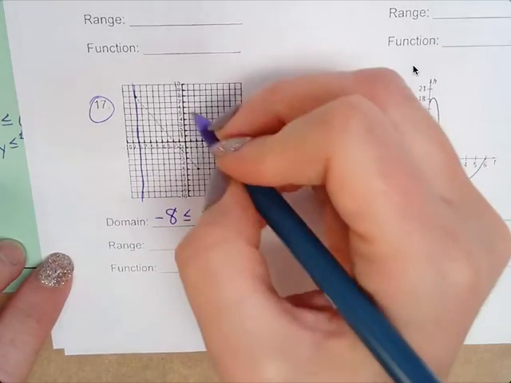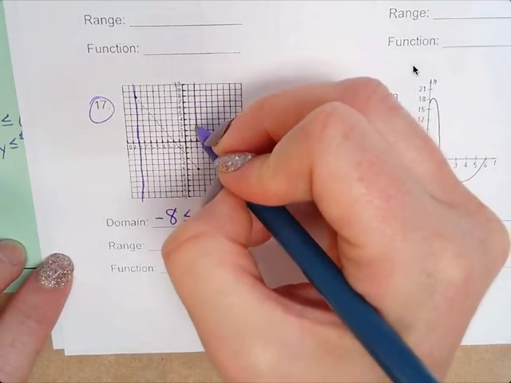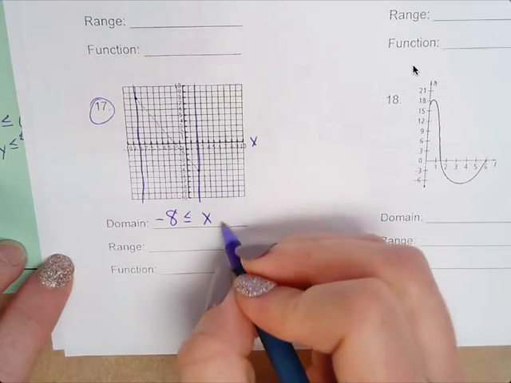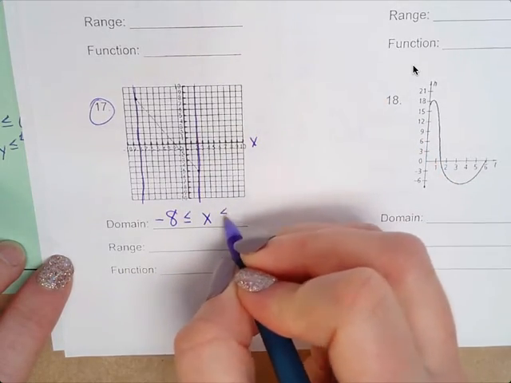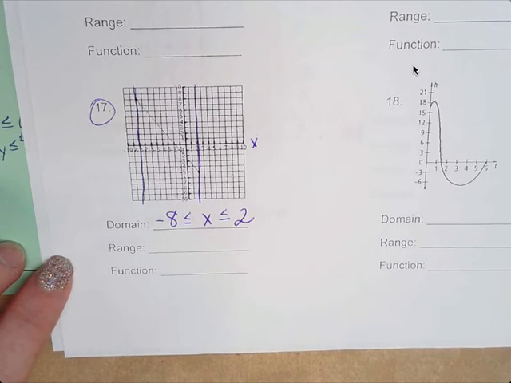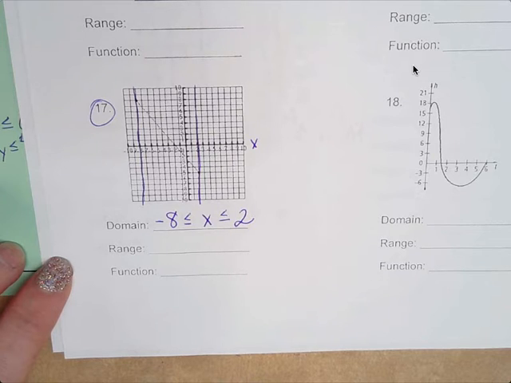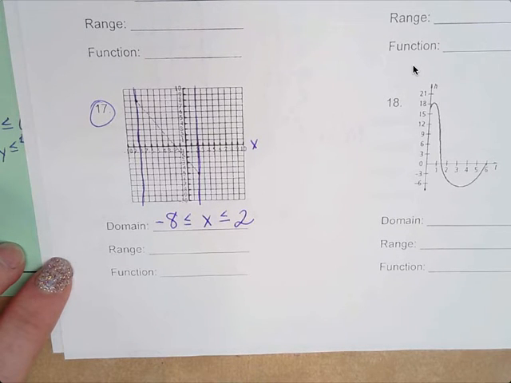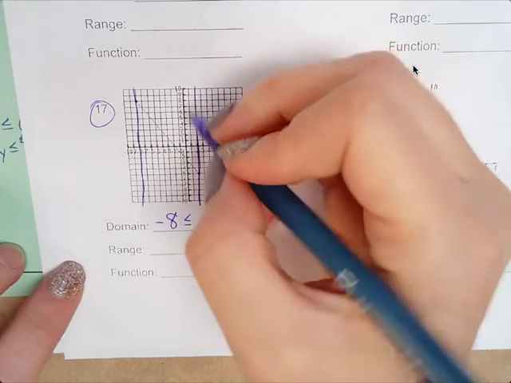Okay, and then how far right does it go? 2. What symbol? Okay. Y'all got that down? Did you get it right? -8 to 2?